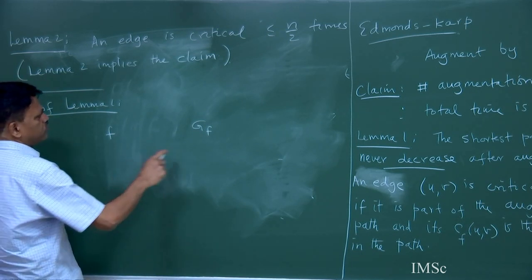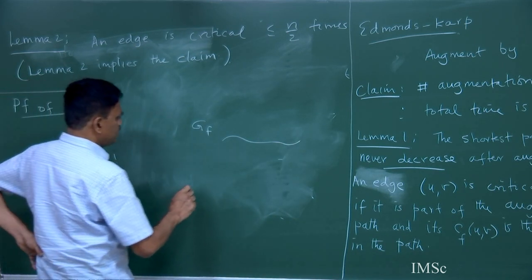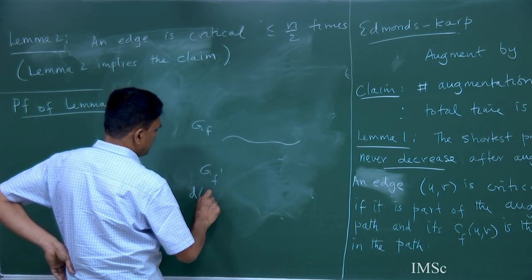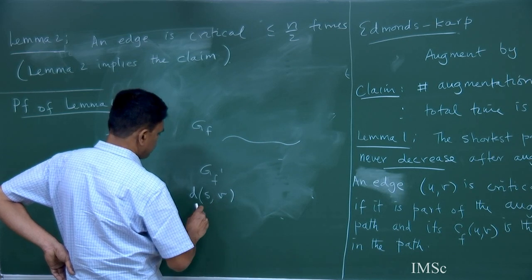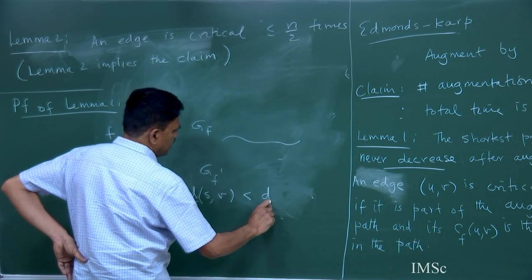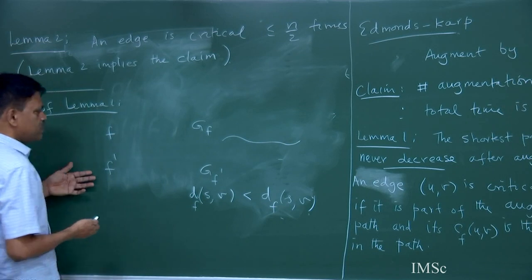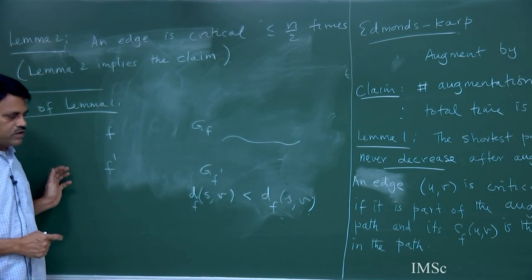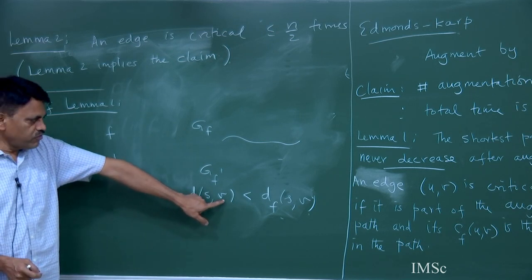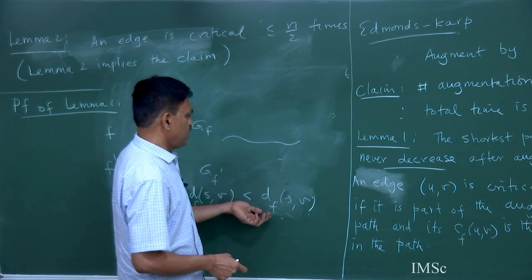So you do some augmentation here, and then you get a flow F prime, and in G F prime, it turns out that the length of the shortest path from S to some vertex V in F prime happens to be less than where F is the flow just before this happens. Okay, so suppose you look at some residual graph where for some vertex V, the length of the shortest path from S to V has actually decreased from what it was before.